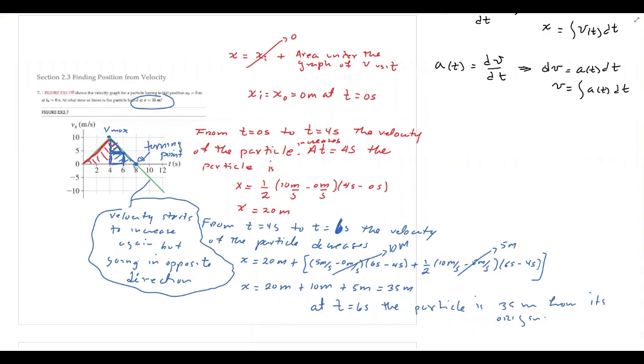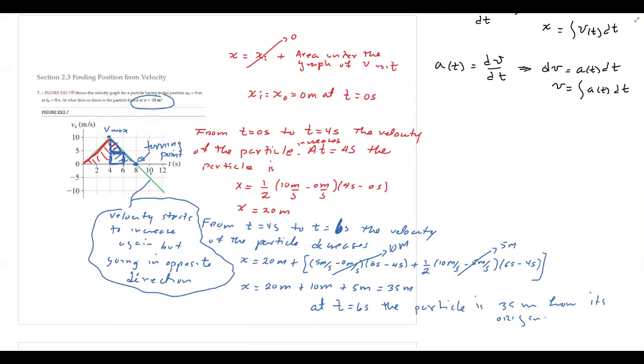So at t equals 8 seconds I have a turning point, and after it the velocity starts to increase again, with the particle going in the opposite direction. Now, at what time was the particle 35 meters from the origin? At 6 seconds, the particle was 35 meters from its origin.